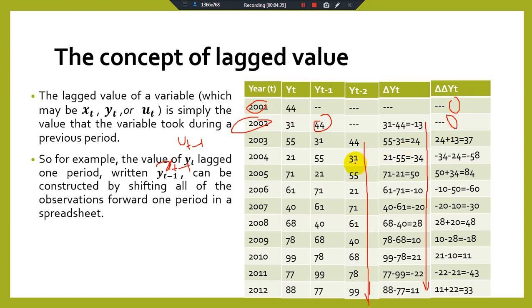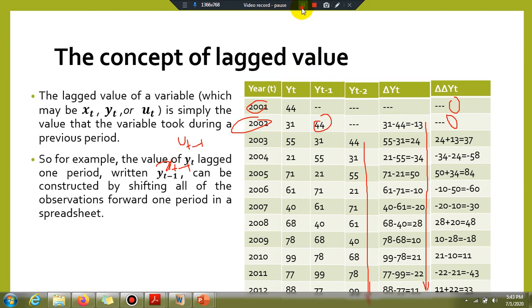So we subtract 31 minus... sorry, we have to subtract 24 minus 13, then 34 minus 24, and so on. So this is our second difference.